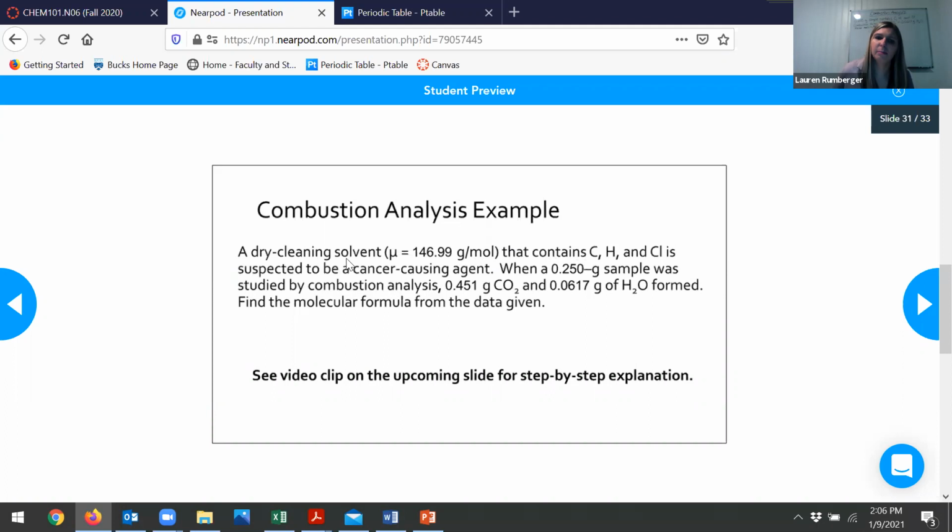It is suspected to be a cancer-causing agent. When a 0.25 gram sample of the solvent was studied by combustion analysis, 0.451 grams of carbon dioxide and 0.0617 grams of water were formed. You are then asked to find the molecular formula from the data given.